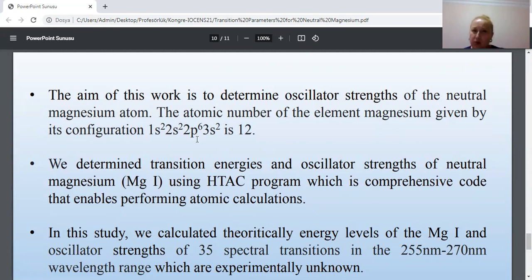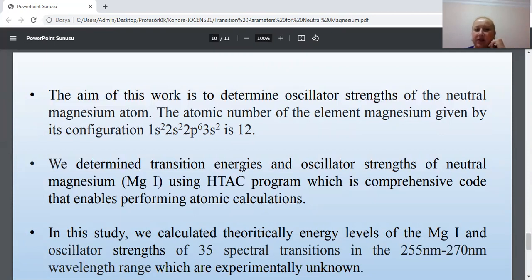You can see that this is a closed shell, but the third shell has 3s2, with no electrons on the p or d orbitals. So this is the open shell, and this shows the interaction.